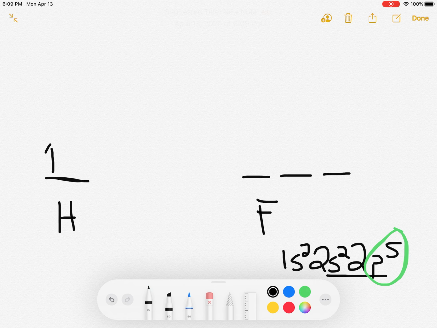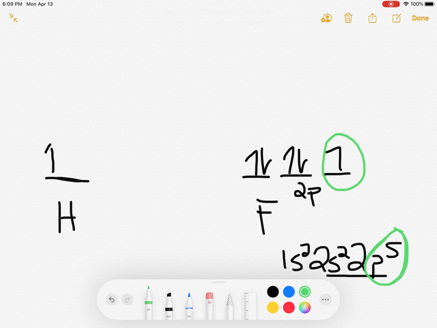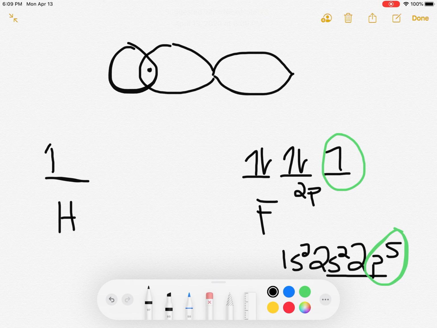So we have 3 orbitals for 2p, and we have one half-filled orbital. The overlap is going to occur with this p orbital right here. So we have hydrogen's 1s with its electron. We're going to put that there, and then I'm going to come in with the p orbital.